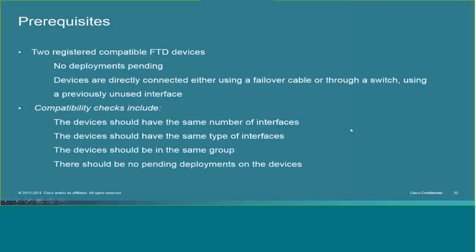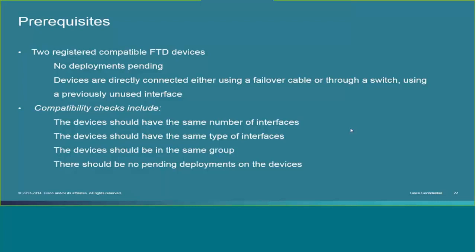In between, if you have any queries, you can post them in the Q&A section, and we'll be answering those questions as well. Now let's go to the prerequisites. You need to have 2 FTDs registered to an FMC with the same hardware, same software, same number of interfaces.